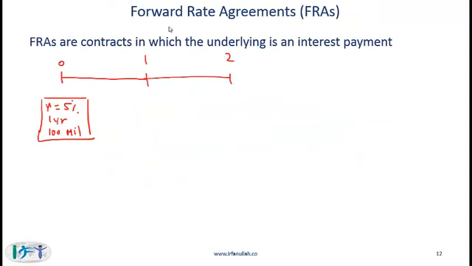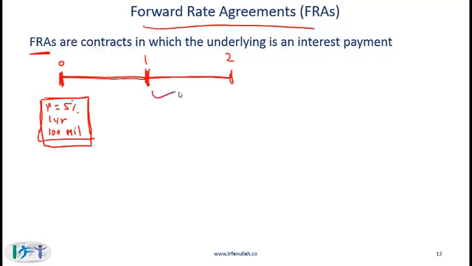Now let's talk about the concept of forward rate agreements. Forward rate agreements, or FRAs, are contracts in which the underlying is an interest payment. Here is a simple example of a forward rate agreement. Let's say that here at time 0, you get into an agreement with a dealer where you will borrow 100 million after 1 year, and that borrowing will be for a 1-year period.